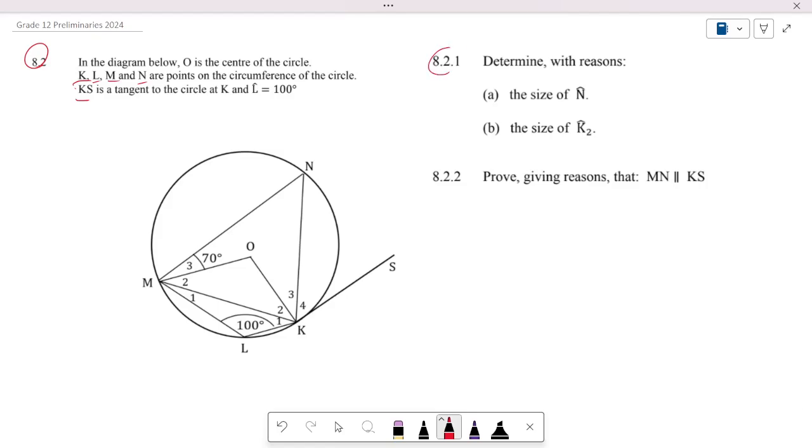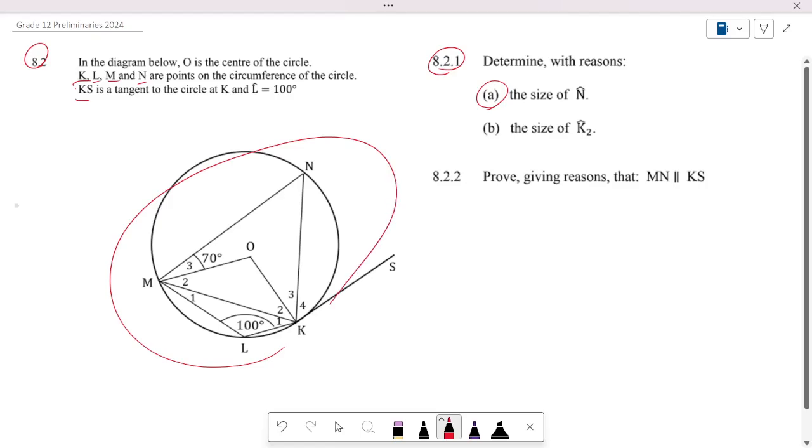8.2.1 says, determine with reasons for A, the size of N. This is a very straightforward one. Like I said, this is a cyclic quad because all 4 points are touching the circumference of the circle, and that makes a quadrilateral in the circle.